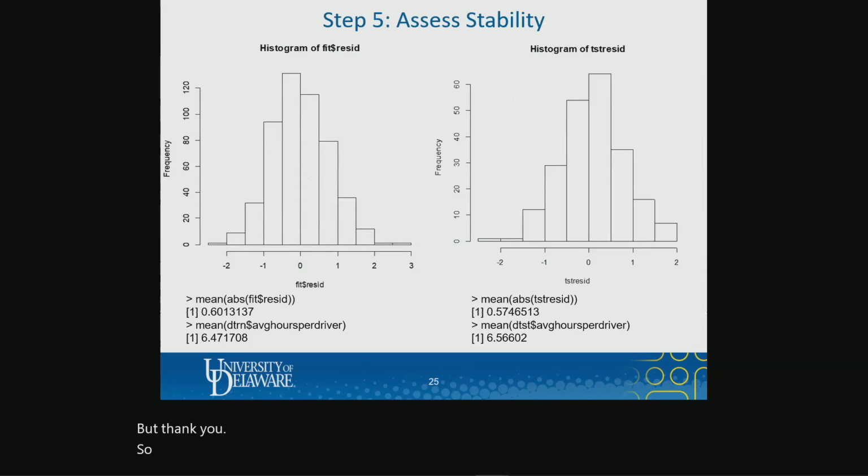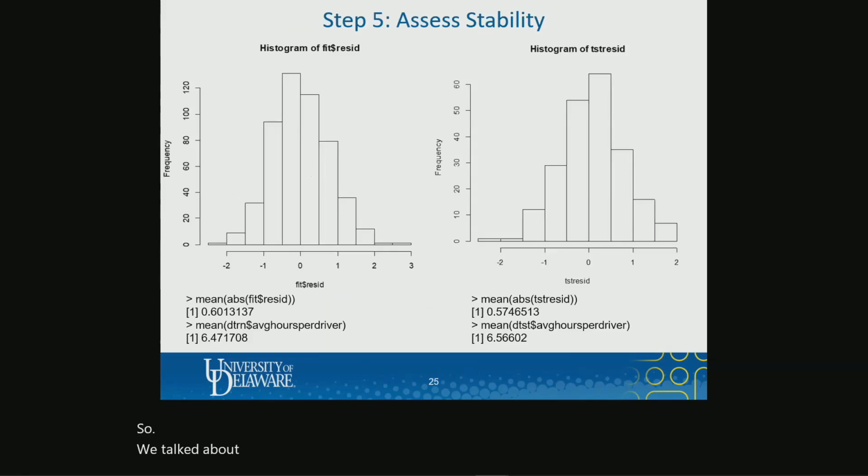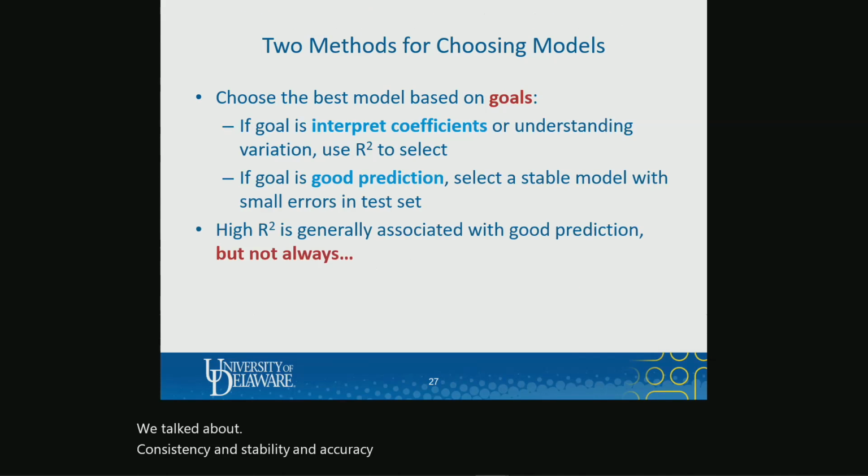So we talked about consistency and stability and accuracy. I should mention that when you want to decide which model to use, you should decide what you are going to use the model for.